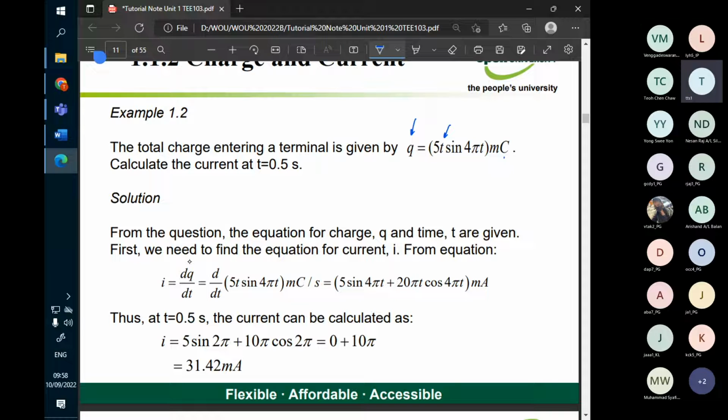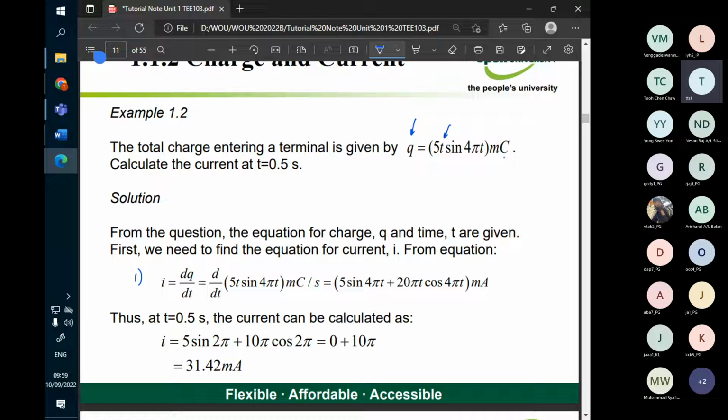The current is defined by the differential, dq over dt, change of charge over change of time. The first thing we need to do is find dq/dt. This is a Q only, so we want to take the differential of this equation.